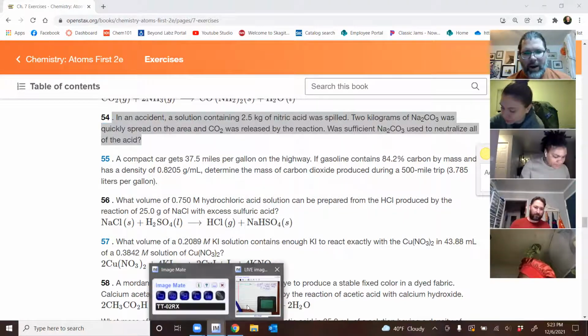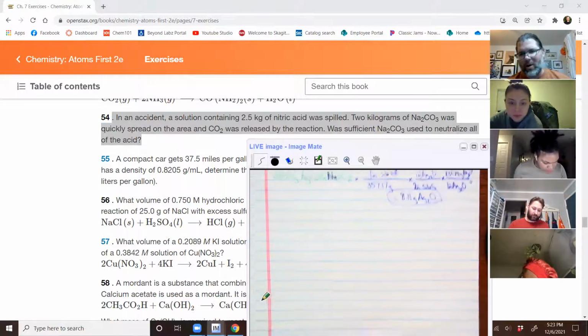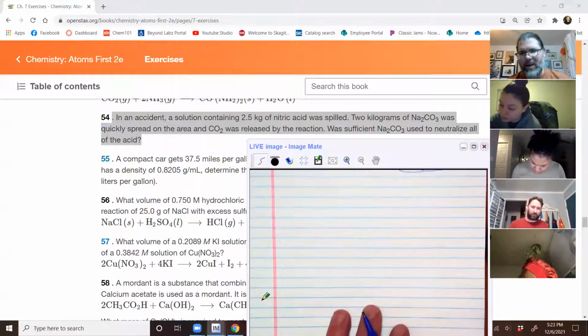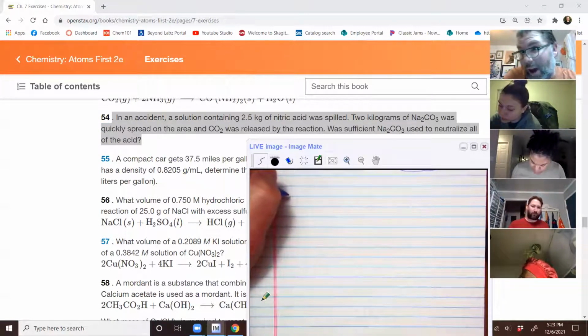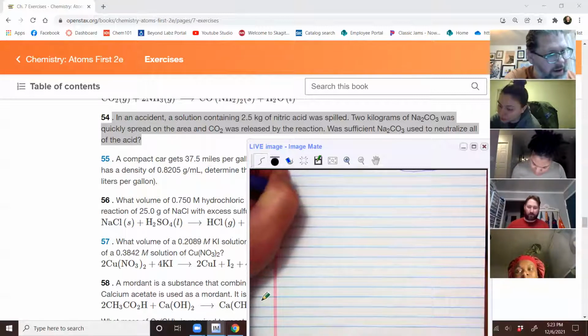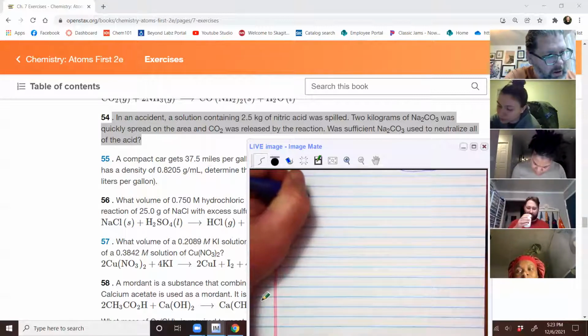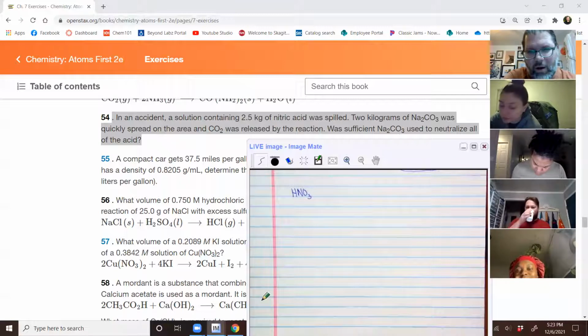So if you're having trouble getting the balanced chemical equation, that's kind of the harder part of this, or the part we've had less practice with anyway. First of all, we have to remember what nitric acid's formula is, which is from last exam, but we really can never forget anything in the world of chemistry. It's all HNO3. HNO3, very good.